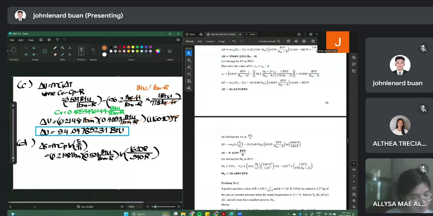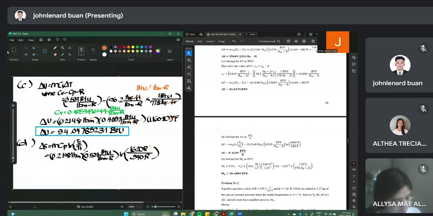Unit analysis muna tayo. Pound mass, makakancel. Rankine, makakancel din. Since ito unitless na, hindi na to makakancel. Therefore, multiply lang natin 0.529 times ln of 1620 over 540.